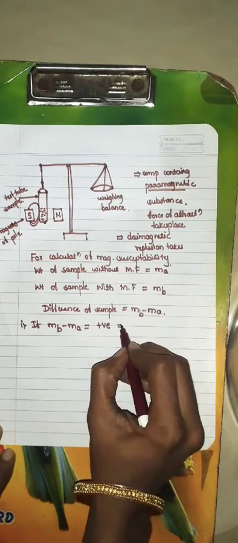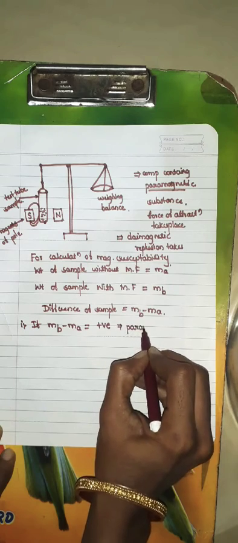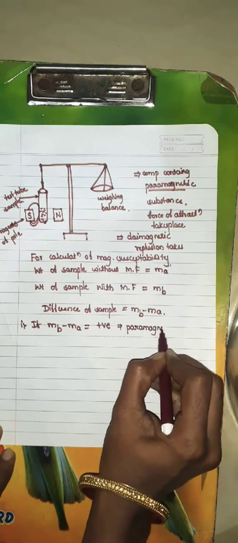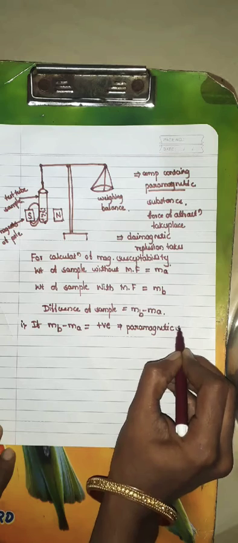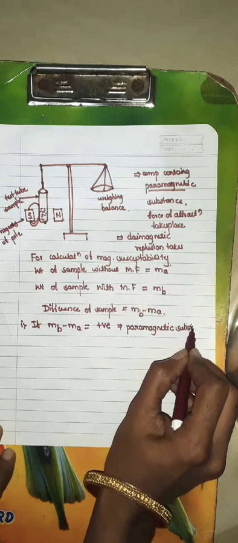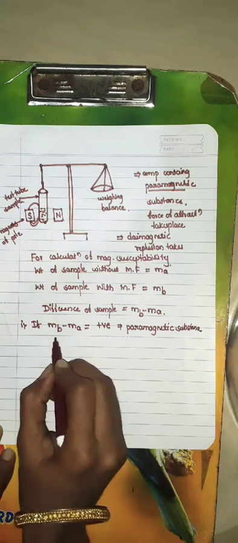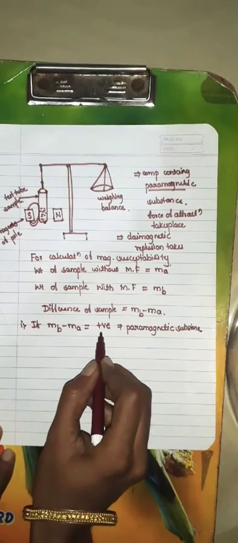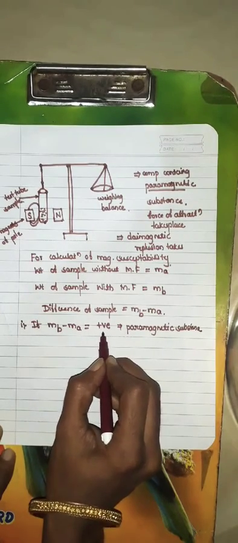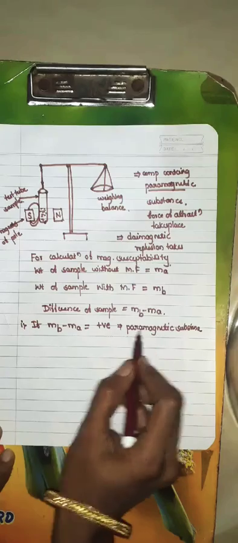This indicates a paramagnetic substance is present. If MB minus ME is positive, then it indicates a paramagnetic substance is present.